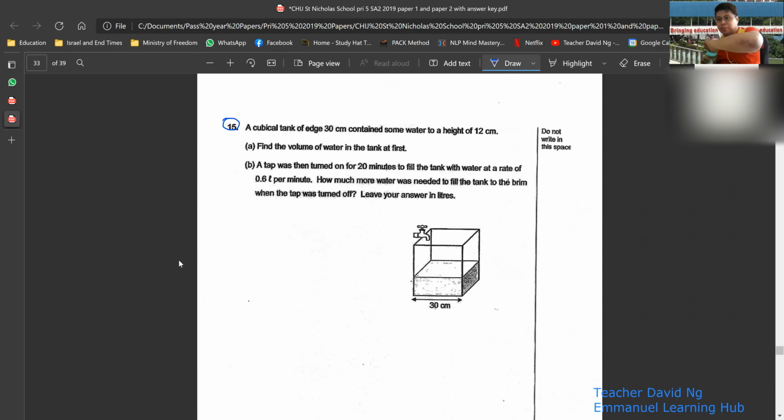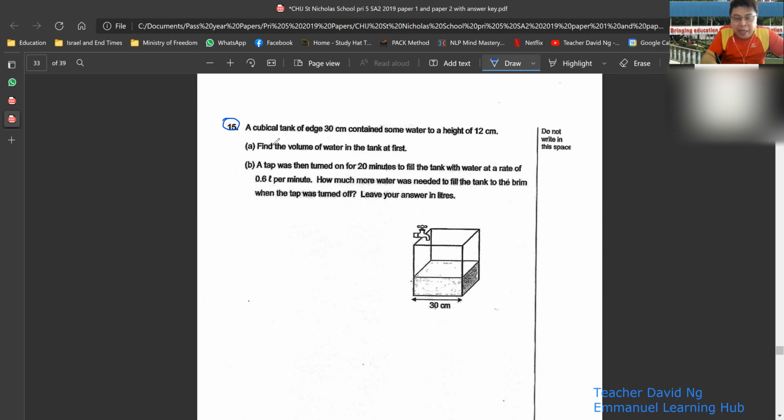Length times breadth times height. If time permits, I'll explain to you why volume is length times breadth times height. Right now, let's focus on going through this question further.